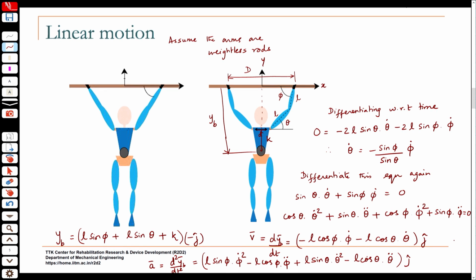And I also have the relationship between theta dot and phi dot. So, this equation is just this, these are together 1, and when you differentiate that, you get this.